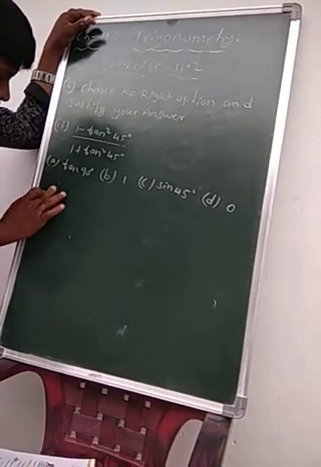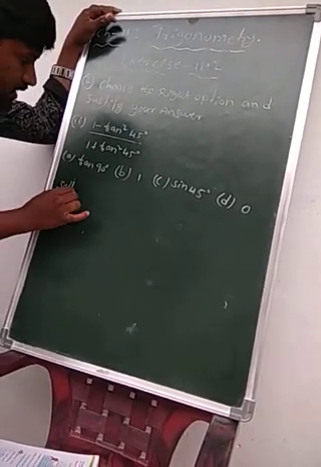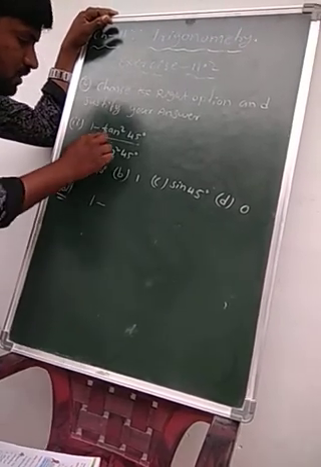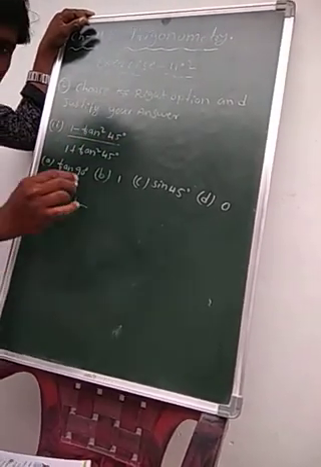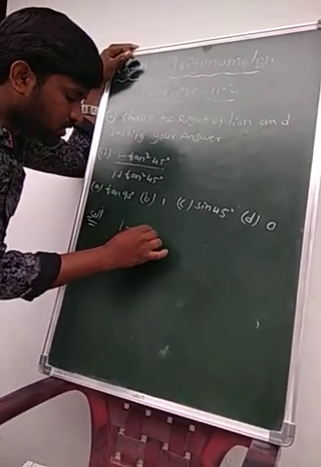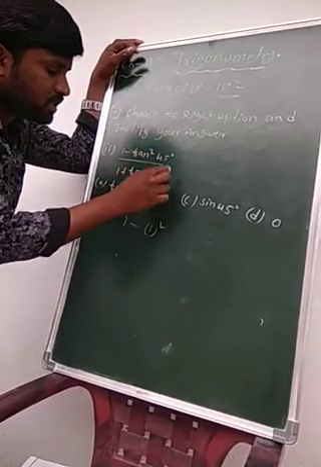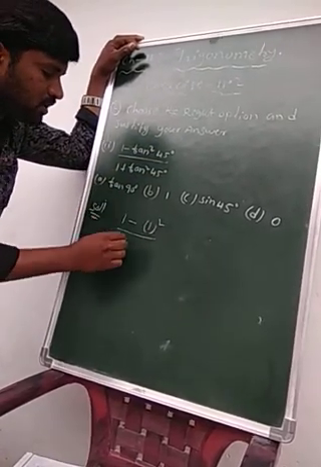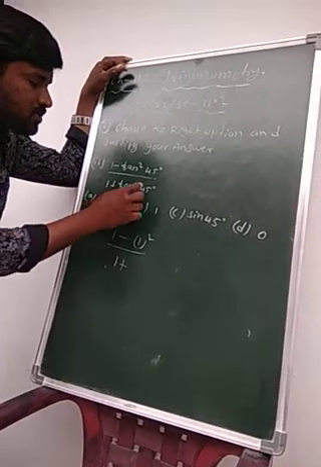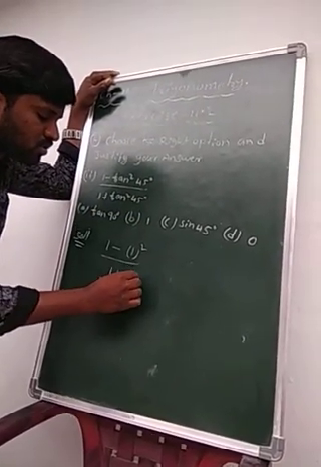Now I'm going to justify the answer. 1 minus tan square 45 degrees means we know tan 45 means that is 1. So tan square 45 degrees means 1 square, by 1 plus tan square 45 degrees means that is also 1 square.